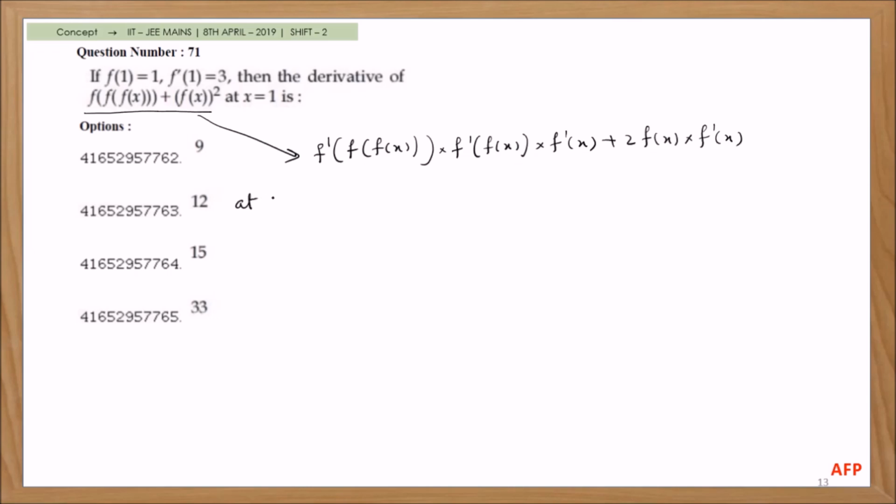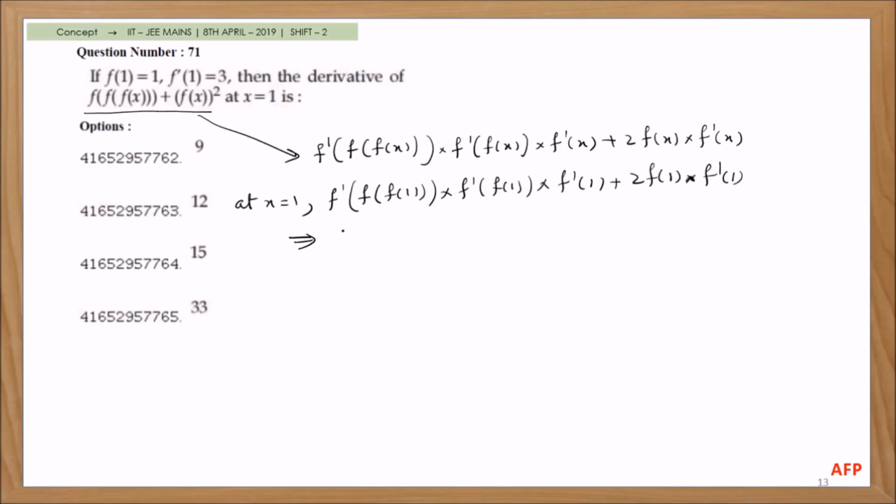So now at x equals 1, they have asked f dash of 1 into f dash of 1 plus 2 times f of 1 into f dash of 1.